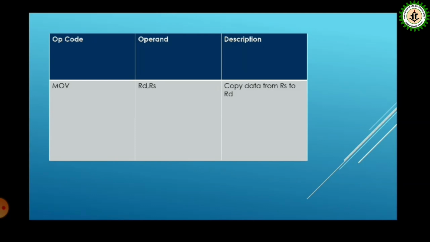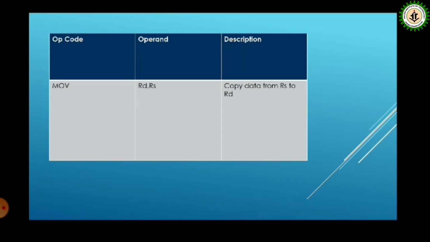So it is a very basic instruction of 8085 microprocessor. All the MOV instructions, like MOV A, B, MOV B, A, MOV C, D, are 1 byte instructions.